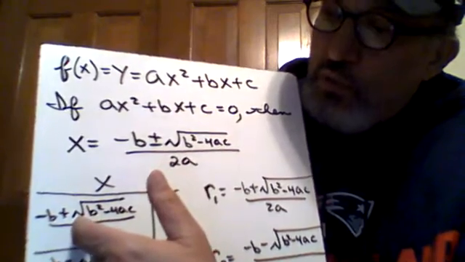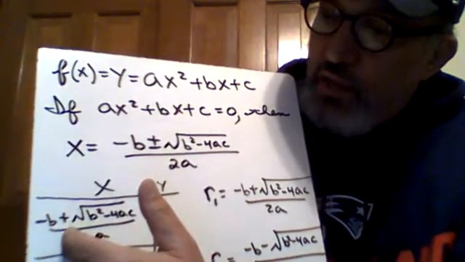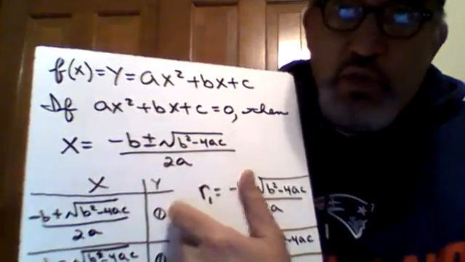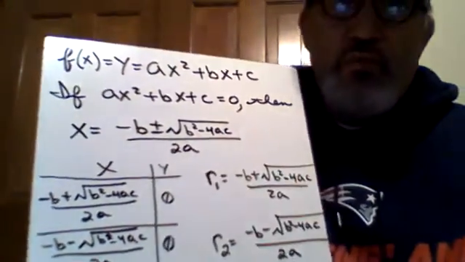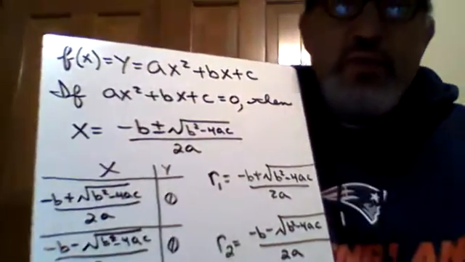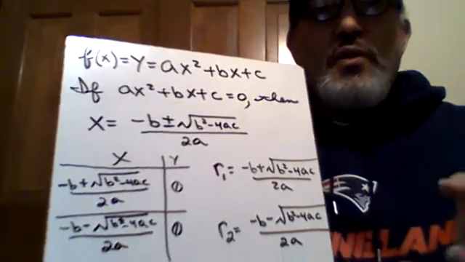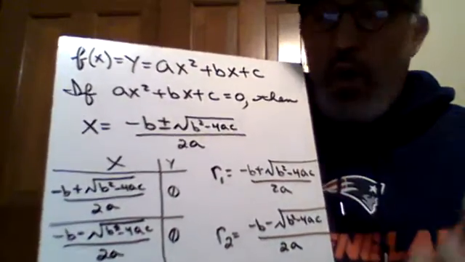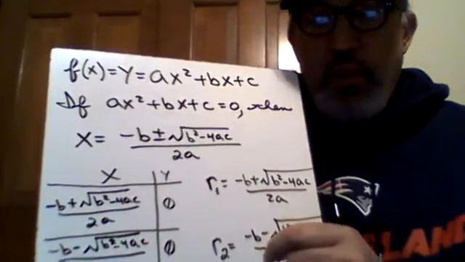One of these numbers with the plus sign will cause the function to be equal to 0. It will cause the y to be 0. And the other number, the one with the minus sign, will do the same thing. They are the values of x that will cause the function or the y to be 0.